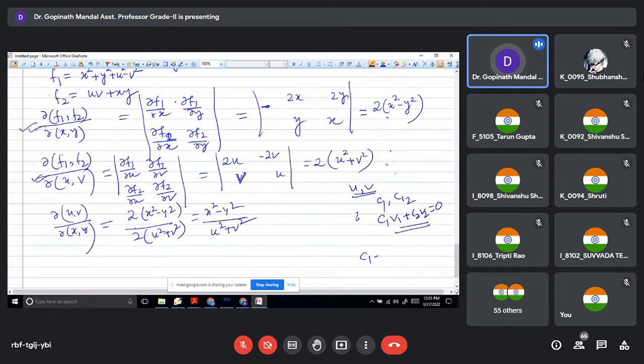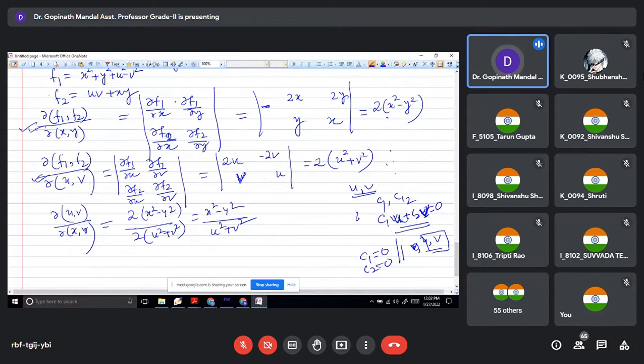If C1 equals 0 and C2 equals 0, then we can say that U and V are independent. If C1 and C2 are not equal to 0, then U and V are dependent.